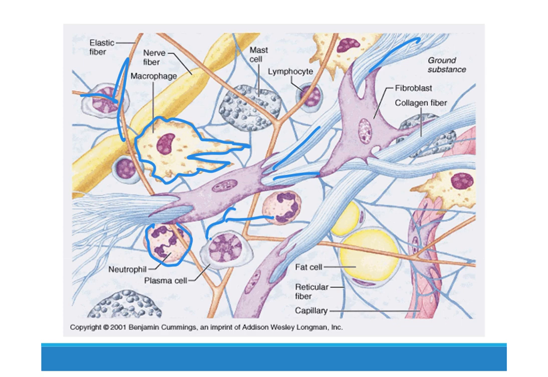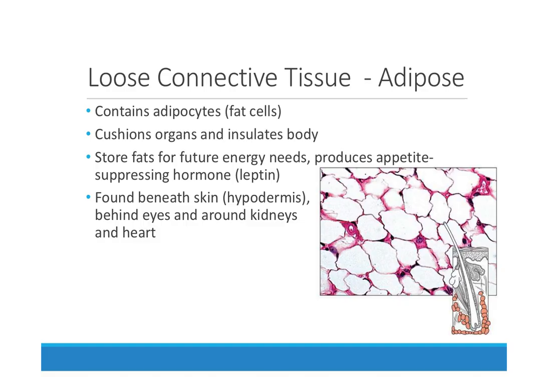Neutrophils are also part of your immune system. Plasma cells are part of your immune system. We'll be talking about those in more detail when we get to the immune system. You've got some fat cells mixed in with that, especially in the areolar tissue that's found under your skin. And so it's got a lot of different things in there, but it's rather spaced out. As you can see, it's loose connective tissue.